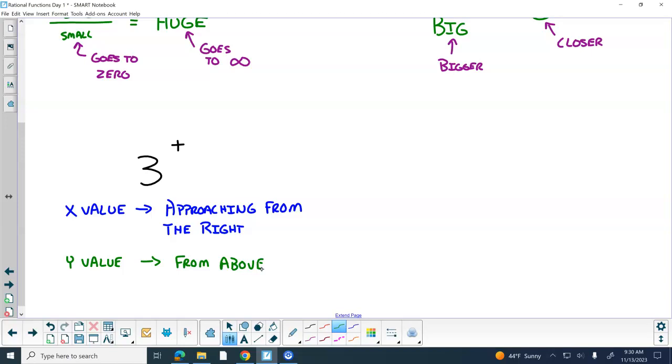Or I'm coming towards 3 from the right. If we put a negative sign up there, now with an x value, I am approaching it from the left. My y value, I'm approaching it from below.